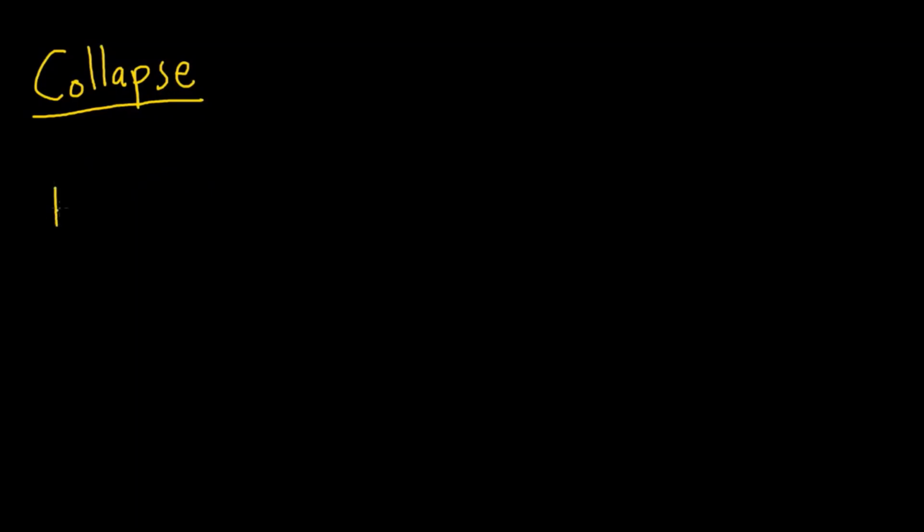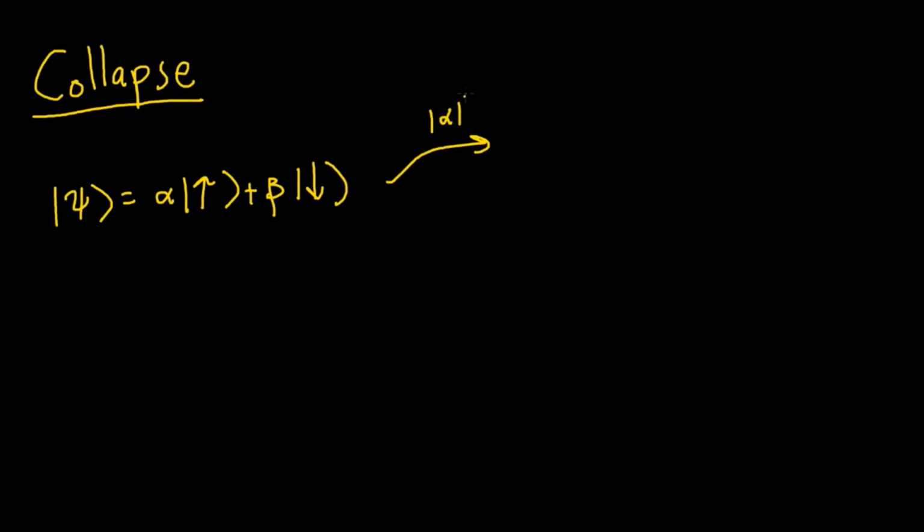So let's just say our state started out as alpha times spin up plus beta times spin down. And we know that there is a magnitude of alpha squared % chance that it's going to be measured to be spin up, and there is a magnitude of beta squared % chance it's going to be measured to be spin down.